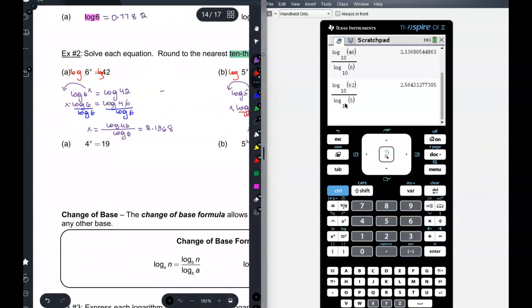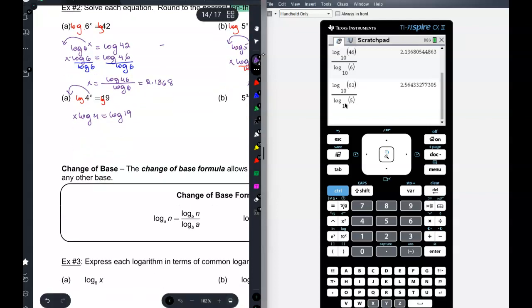Take a logarithm of both sides. This x moves downstairs. So I have x log 4 is log of 19. Divide both sides by log 4. X is log 19 over log of 4.